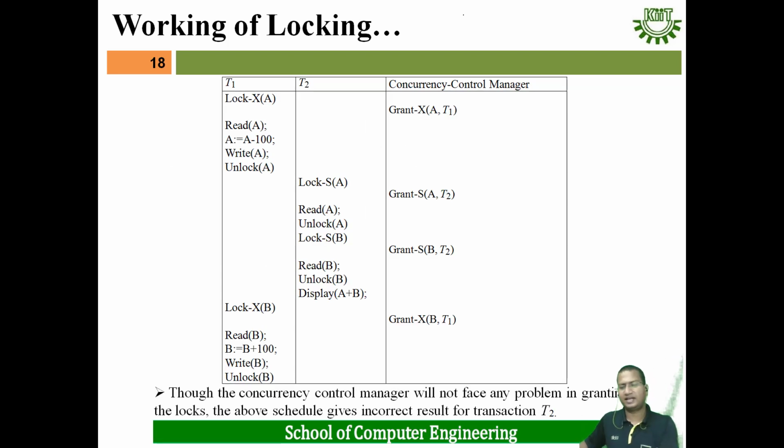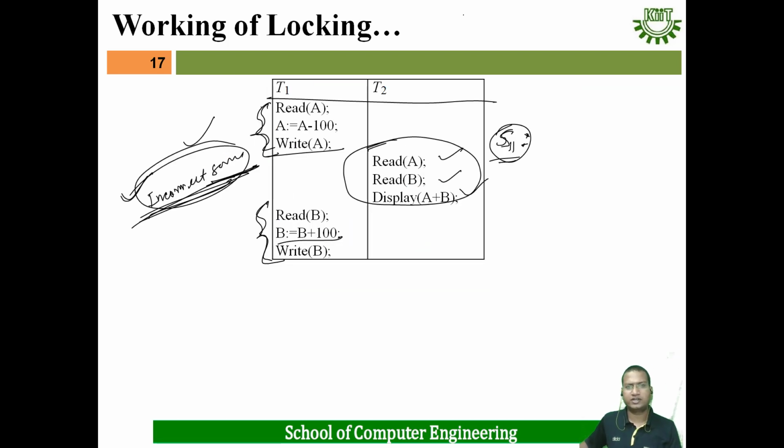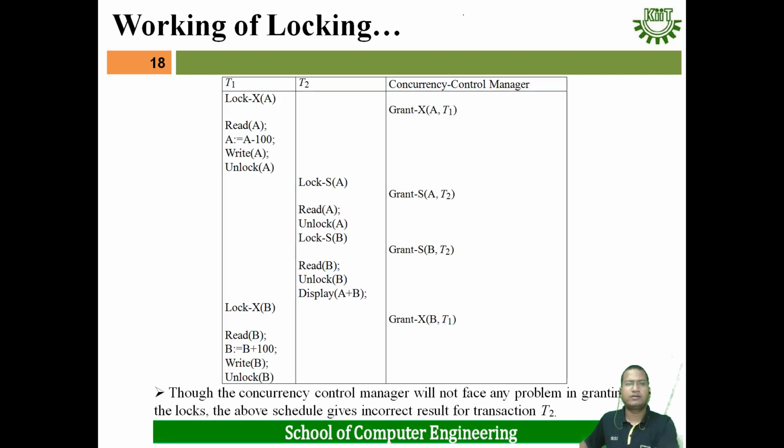In this case, we will apply locks to execute these instructions. Suppose transaction T1 wants to execute these three instructions. Before executing this instruction, we have to request an exclusive lock on A. As no lock is applied on A, the concurrency control manager will grant that. Then all the instructions will be executed. Similarly, all other instructions will get executed.